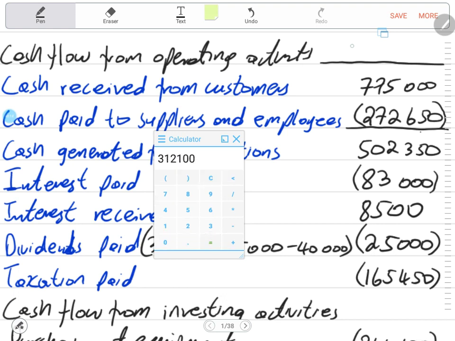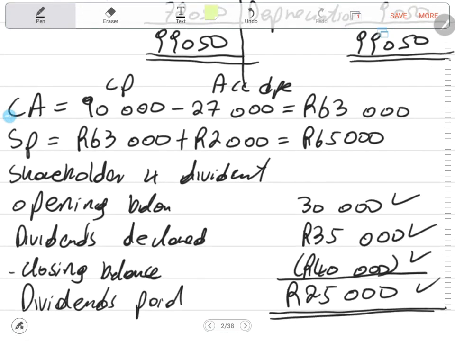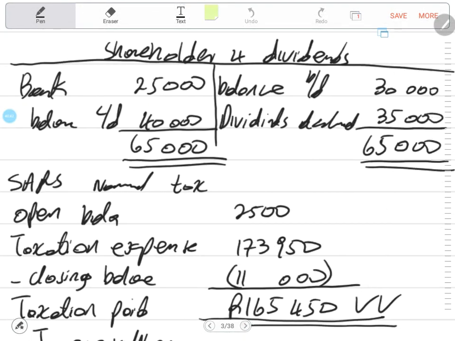This gives us 312,100. 312,100 is now our cash flow from operating activities. We dealt with all of this.